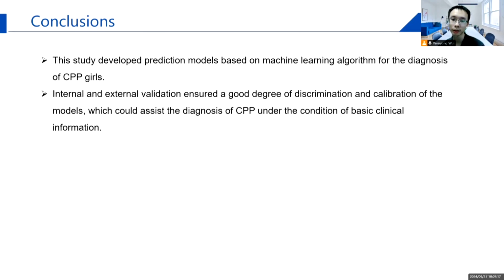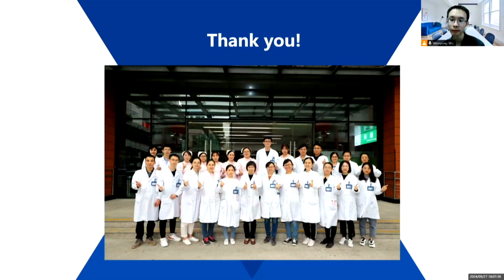The second is that the internal and external validation ensured a good degree of discrimination and calibration of the models, which could assist the diagnosis of CPP under the condition of basic clinical information. Thank you to my team members for their work on this study, and thank you very much for listening.